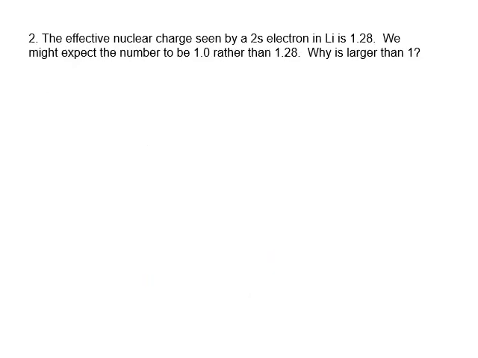Question number 2. The effective nuclear charge seen by a 2s electron in lithium is 1.28. We might expect the number to be 1 rather than 1.28. So why is it larger than 1? Now for lithium, it has 3 positive charges in the nucleus and 3 electrons outside.